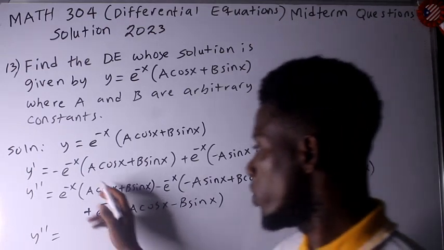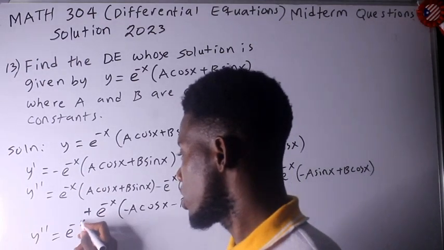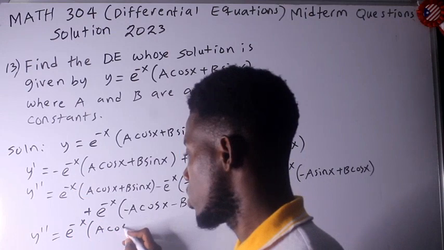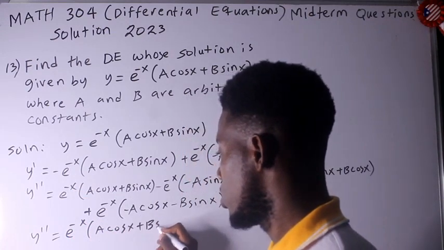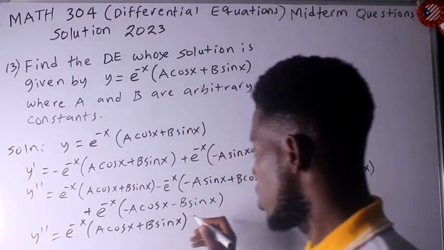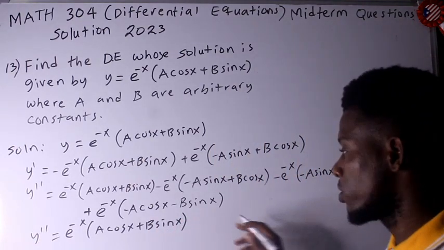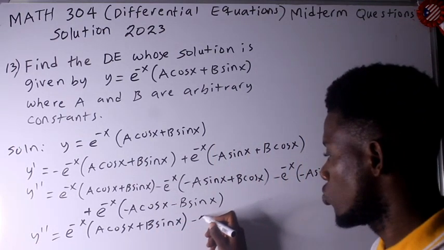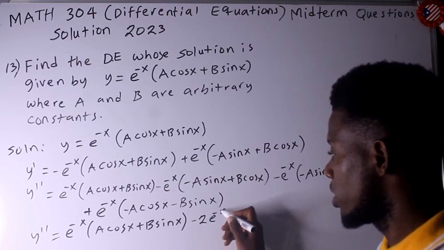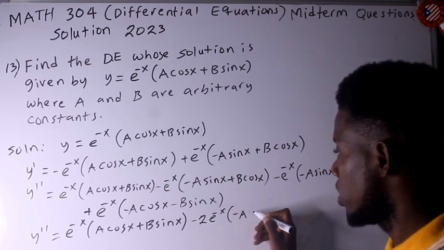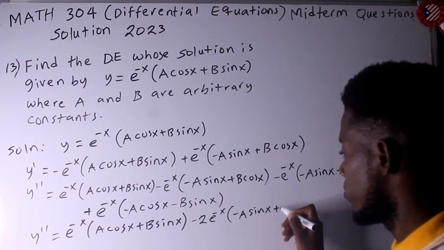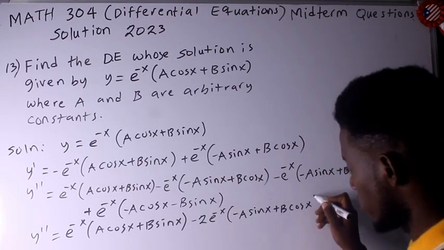So we rewrite this: e to the minus x, parenthesis open, a cos x plus b sine x. And then this and this we add because they are the same expression with negative. So it's going to be minus 2 e to the minus x, parenthesis opening, minus a sine x plus b cos x.